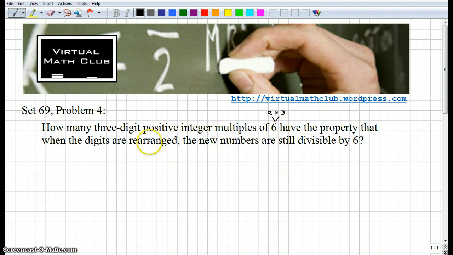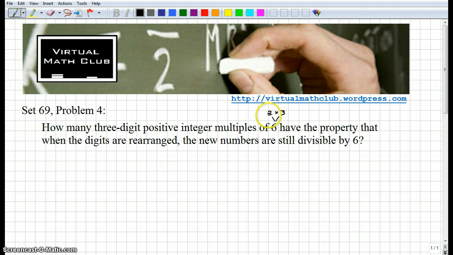But we also want to be able to rearrange those digits and still get a multiple of 6, right? So if we rearrange the digits, it's still going to be a multiple of 3, because the digit sum isn't going to change if all we're doing is rearranging the digits.